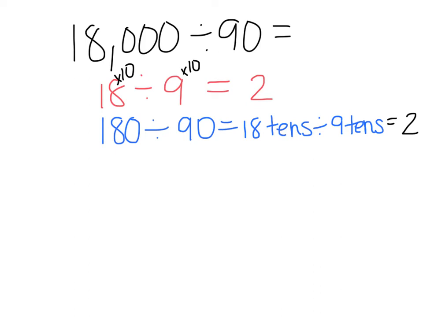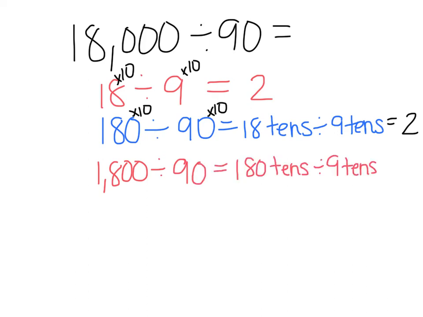Okay, let's try and work with a pattern of 10 again. Now what we're going to do is take 1,800 and divide it by 90. So what this means is that we have 180 tens divided by 9 tens, which equals 20, because you have your 18 divided by 9, and then you add your zero to the end, and you get 20. Okay?